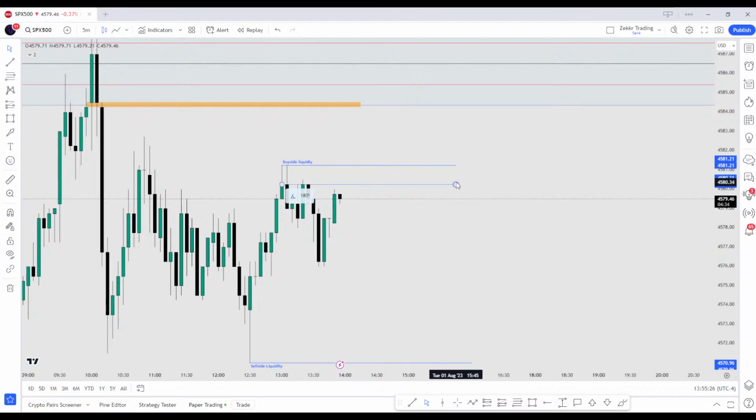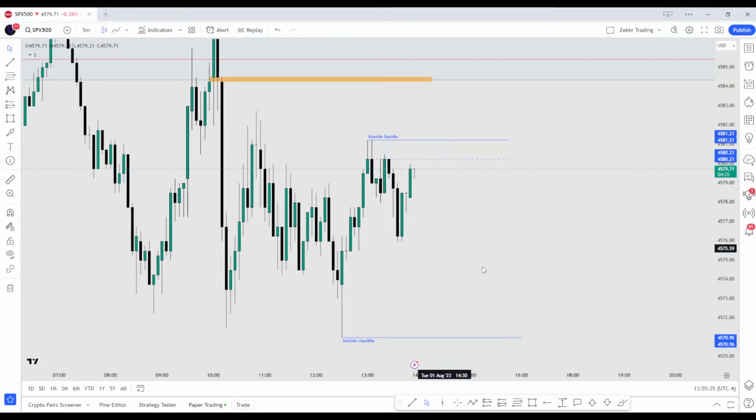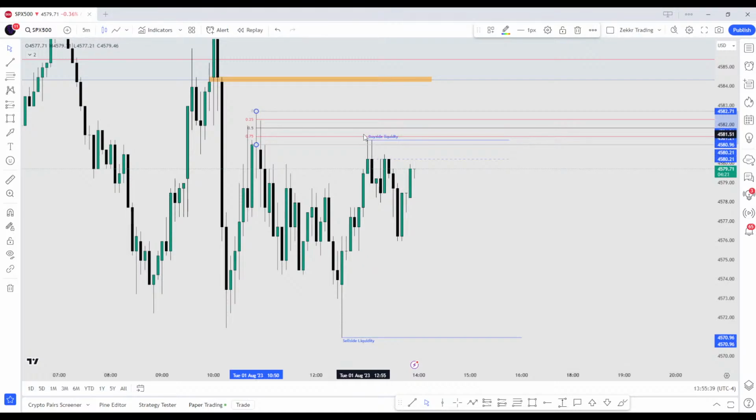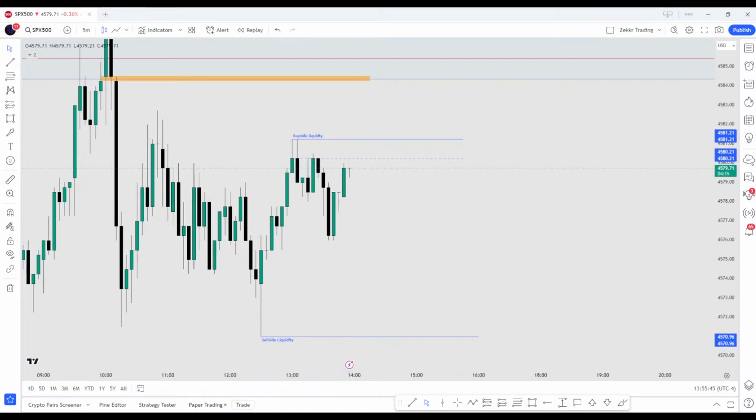It doesn't matter if we don't sweep the high, as long as we come into here, I would count it as a liquidity sweep. That's really important. And then we also have this 50% of the wick, which is aligning around here. It's above here, but this is not really important. What is important are those equal body highs.